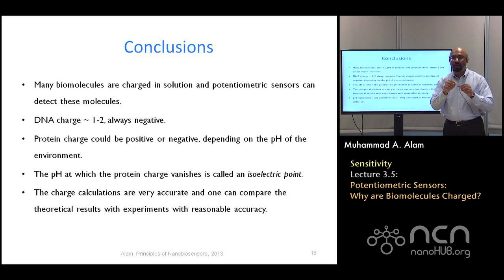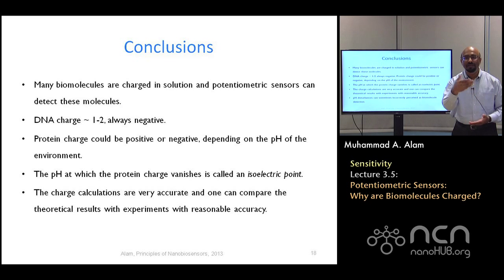The protons will diffuse very quickly to the sensor surface. It will change the surface charge. It will change the charges of the receptors, giving an impression as if the biomolecule has come and landed on the surface, because the MOSFET doesn't know any better. And this gives you a false impression that the biomolecule has been captured. Looks like one has to be very careful to do the experiment right.